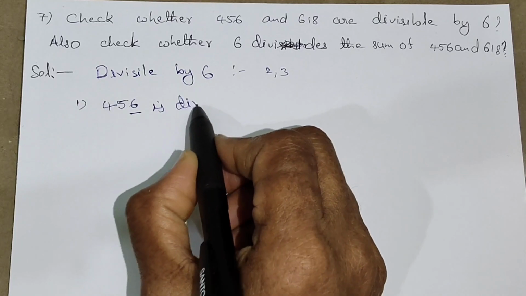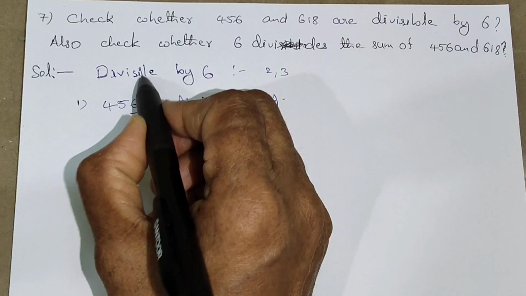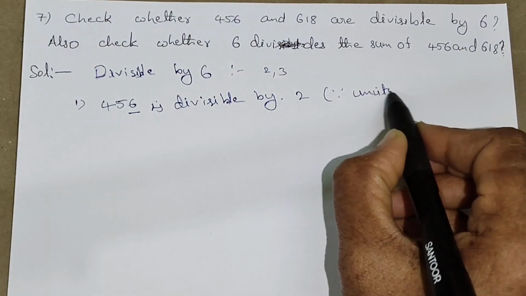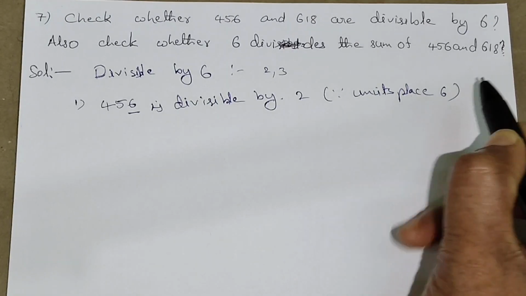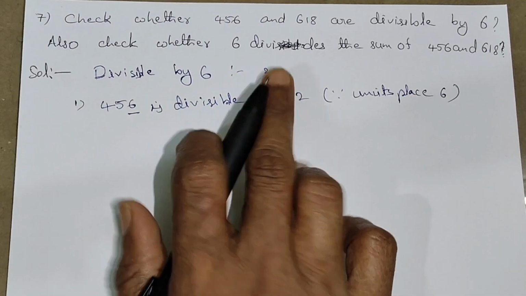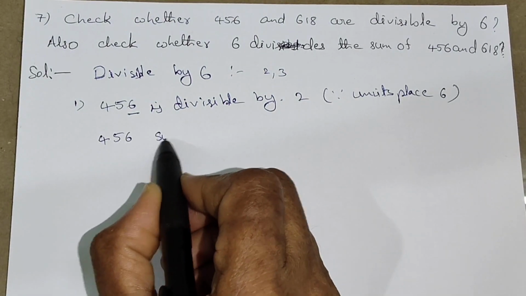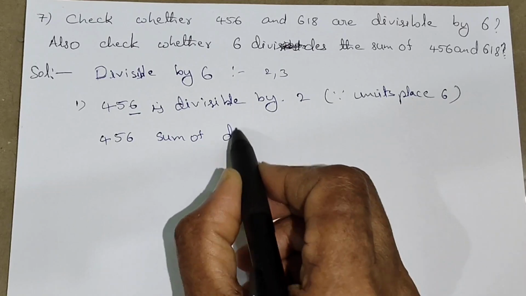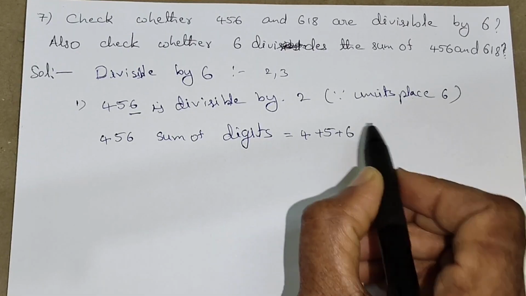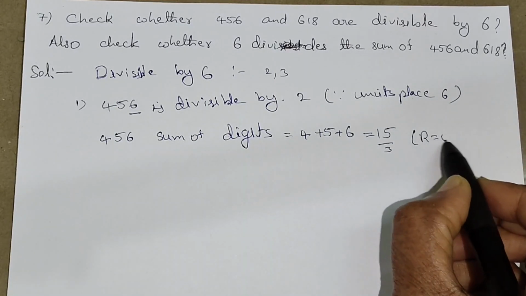So it is divisible by 2, since the units place is 6. Next we check the rule by 3. For 456, the sum of the digits equals 4 plus 5 plus 6, which is 15. 15 is divisible by 3, the remainder is 0.